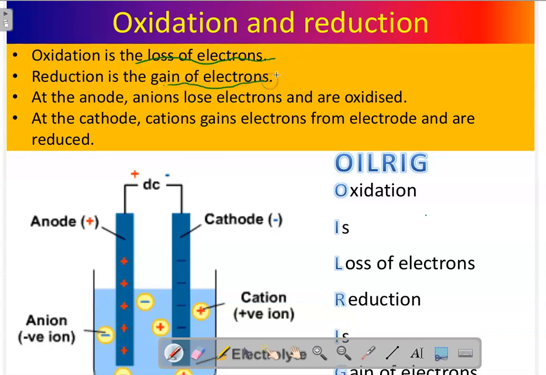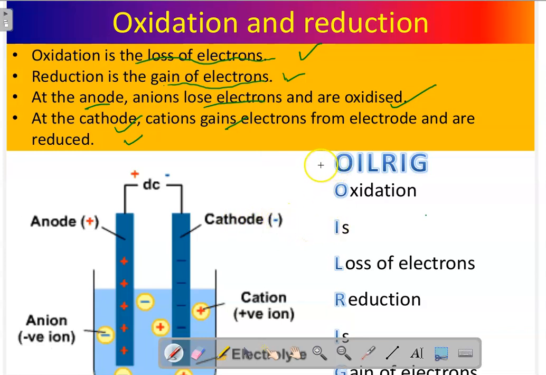Gain of electrons. Oxidation is loss of electrons and reduction is gain of electrons. At the anode, anions lose electrons and are oxidized, and at the cathode, cations gain electrons and are reduced. So at the anode, oxidation occurs, and at the cathode, reduction occurs.